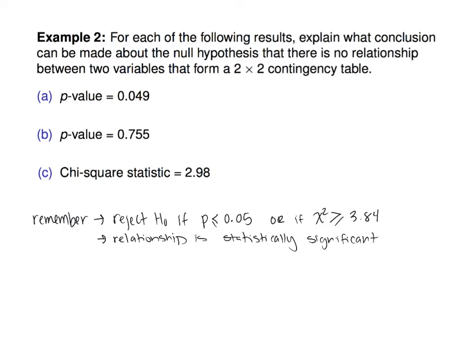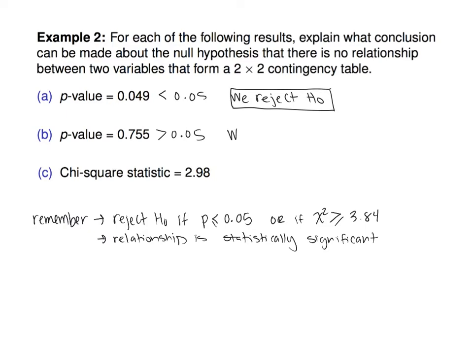Okay, so suppose you found a p-value was 0.049. Can you reject the null hypothesis or do you fail to reject the null hypothesis? Well, since this is less than 0.05, we reject H0. Okay, if your p-value is 0.755, that's way bigger than 0.05, which means it's pretty likely you would observe a relationship that big or larger due to chance.